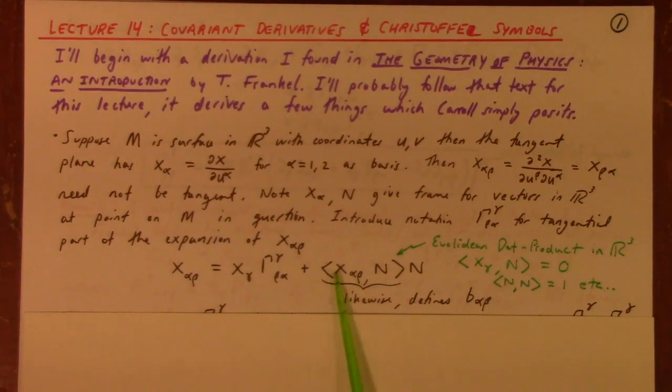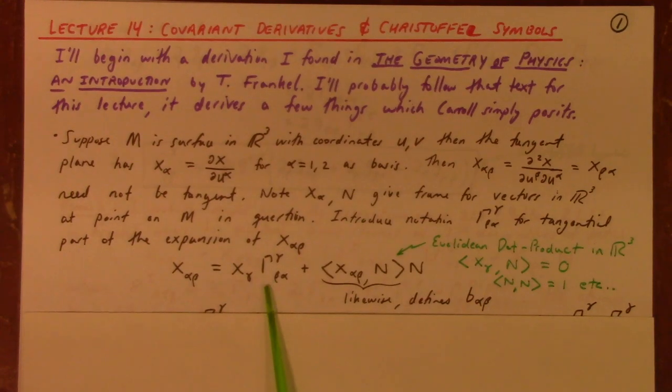We're using this angle bracket notation for the dot product in R3. It's just that, okay? So we're assuming that the unit normal has length 1. So this picks off the component of the acceleration in the normal direction, and then that puts it in the normal direction. So this is just the projection of the acceleration in the normal direction, and that's whatever else there is, which is, of course, the tangential piece.